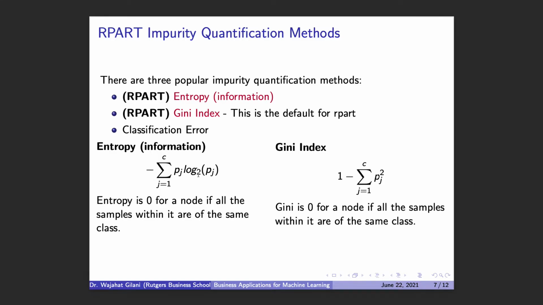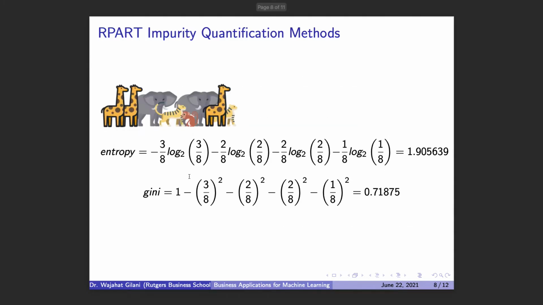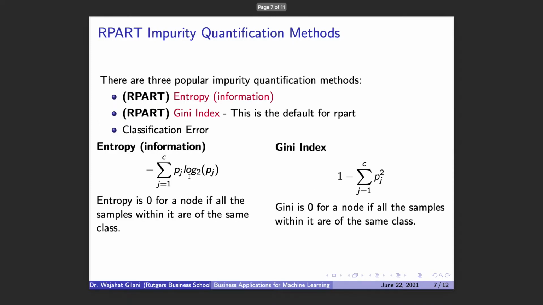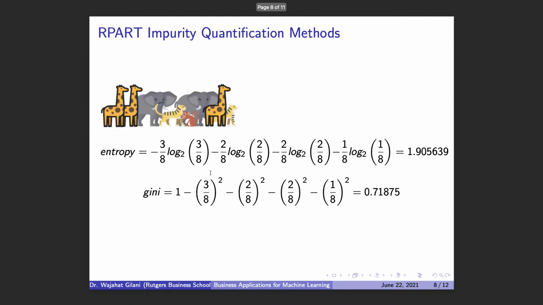You'll notice there's always a negative before it. The summation symbol means a sum across all these different unique classes, so this part, with the negative, is implemented for every set of animals we have.